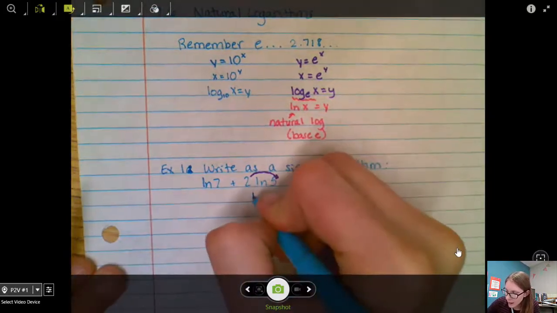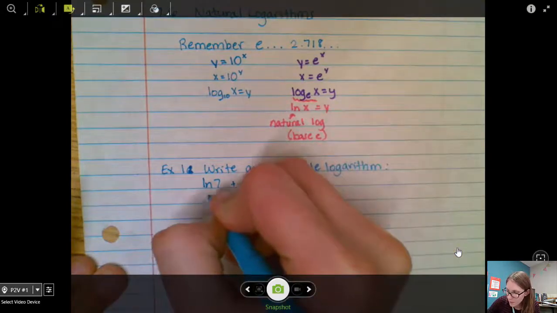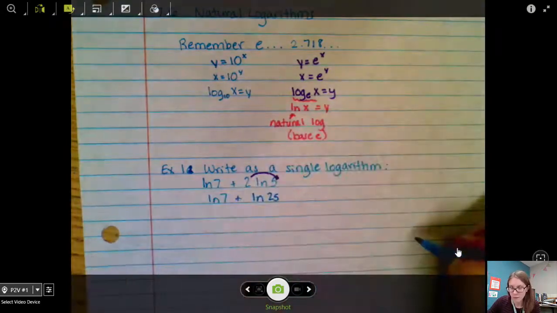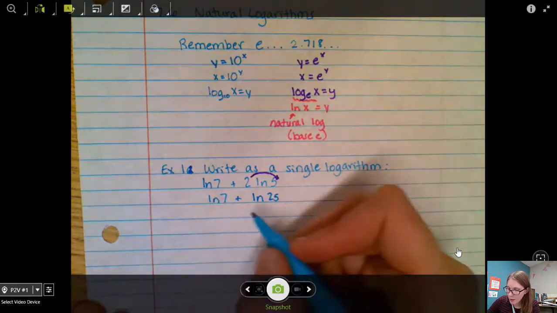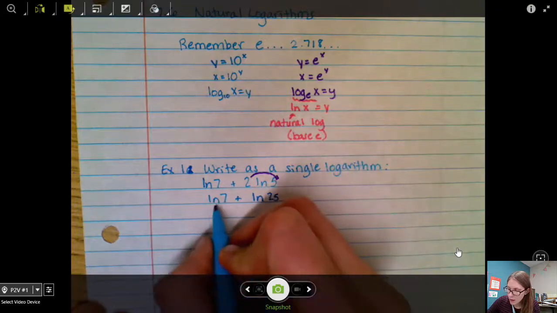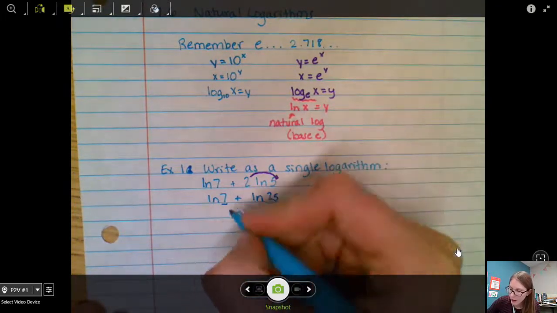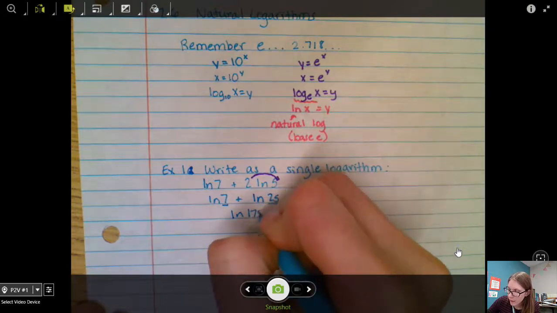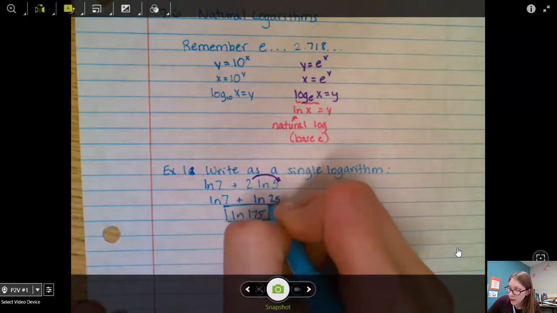So this becomes the natural log of 5 squared, or 25. And then from here, we can multiply the 2 pieces here, 7 times 25, to get the natural log of 175. Okay? And that would be written as a single logarithm.